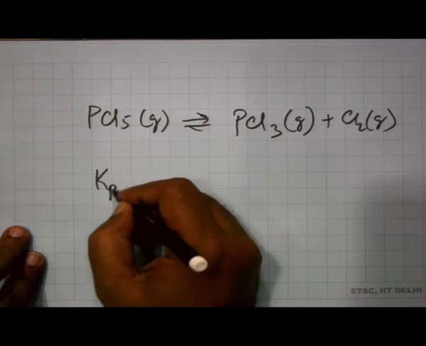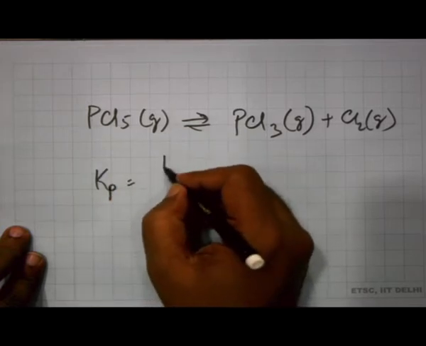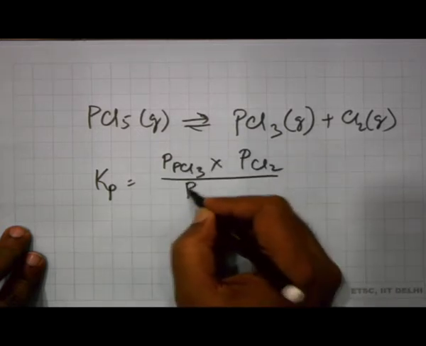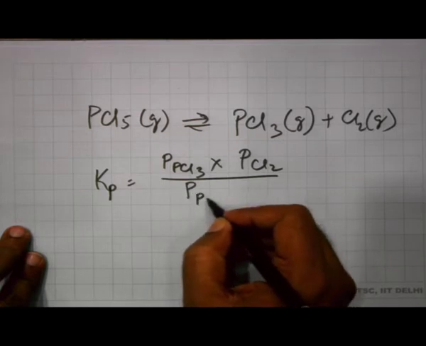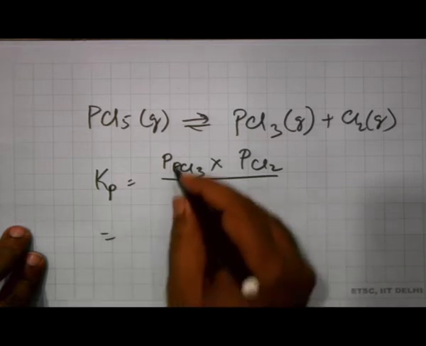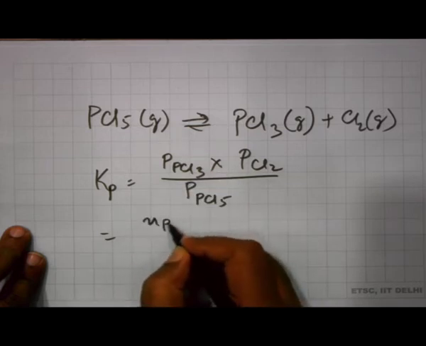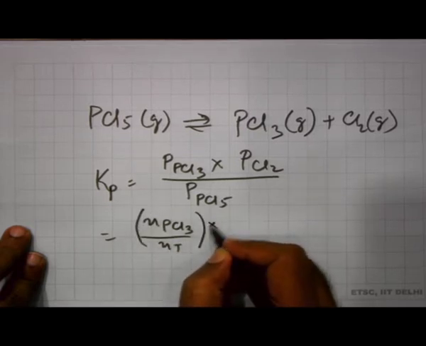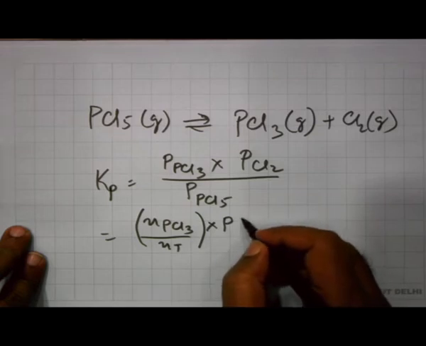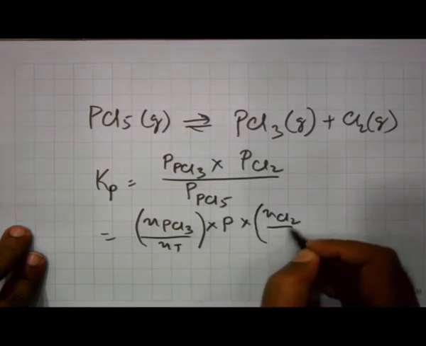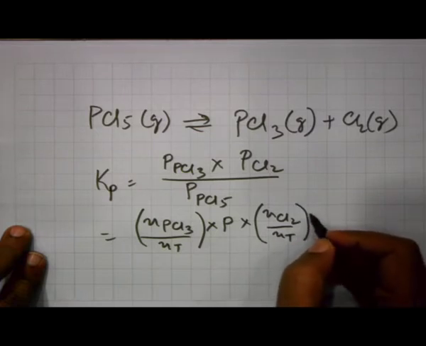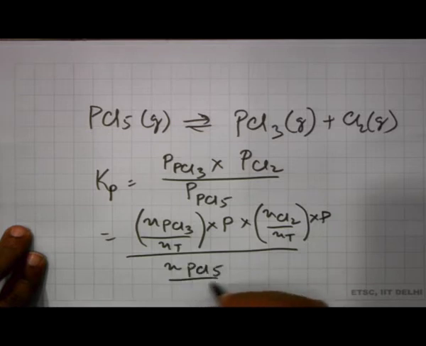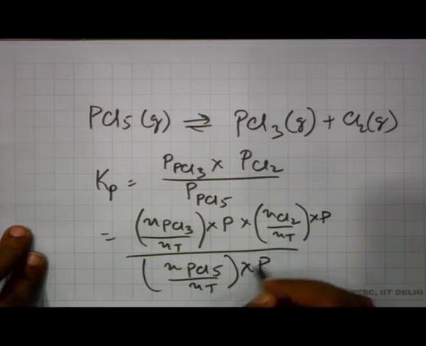So, Kp is equal to the pressure of PCl3 multiplied by pressure of Cl2 by pressure of PCl5, and in terms of mole fraction, N of PCl3 by N T multiplied by total pressure, into N Cl2 by N T into total pressure, divided by N PCl5 by N T into total pressure.